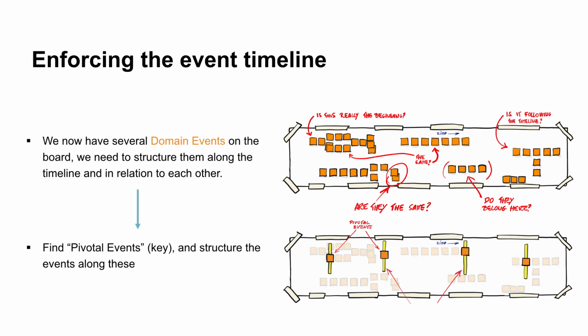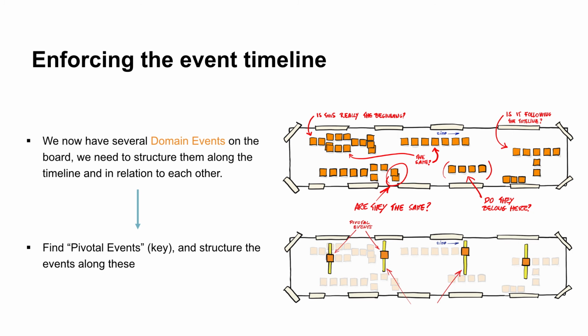You can remove duplicates and focus on structure, not putting up more stuff. This is also really important for finding gaps and fleshing out the real timeline. You can also use pivotal or key events to do this. Maybe an order, an invoice, or a customer that has registered are key parts you can use as markers to structure your work around.